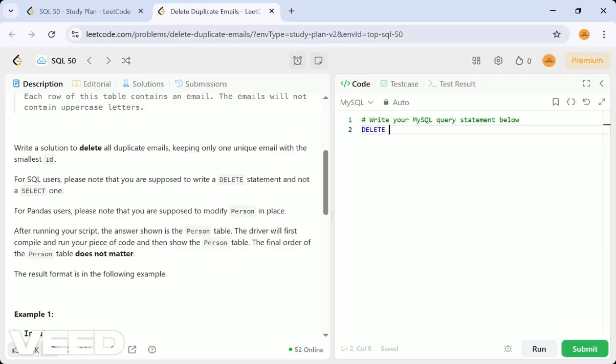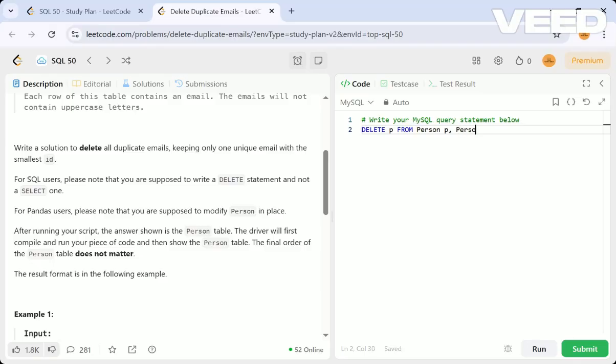So now we have to delete. What do we have to delete? We have to delete some data from the Person table, which I'm giving an alias p.